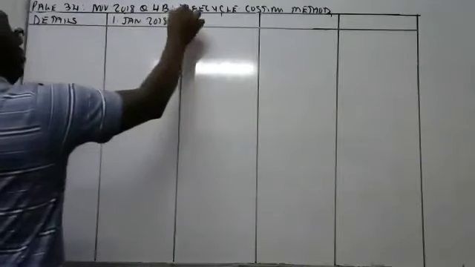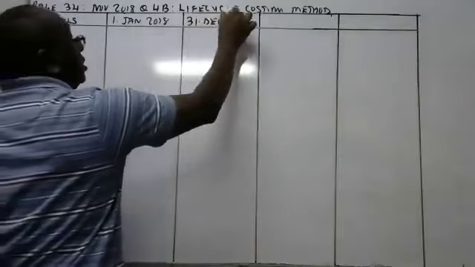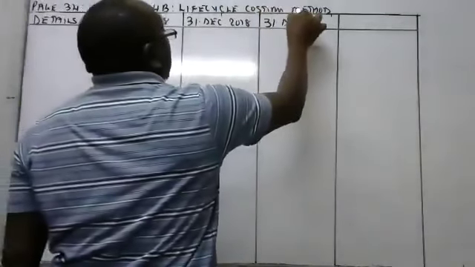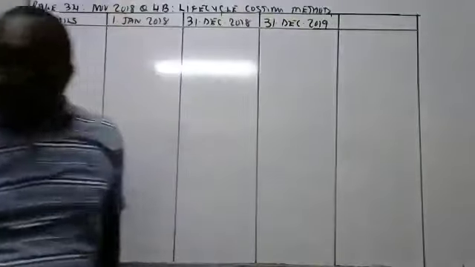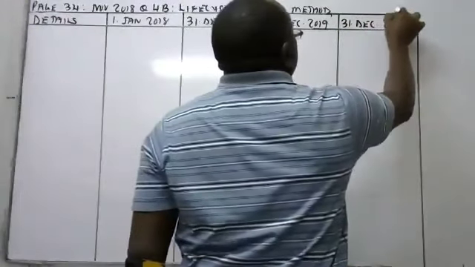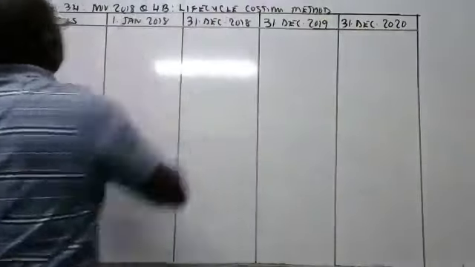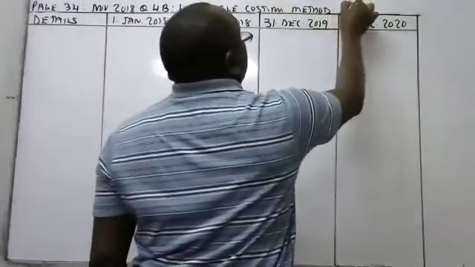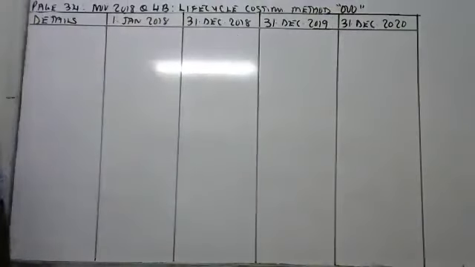I have 1st of December 2018, 1st of December 2019, and then 1st of December 2020. We can have our figures in thousands.